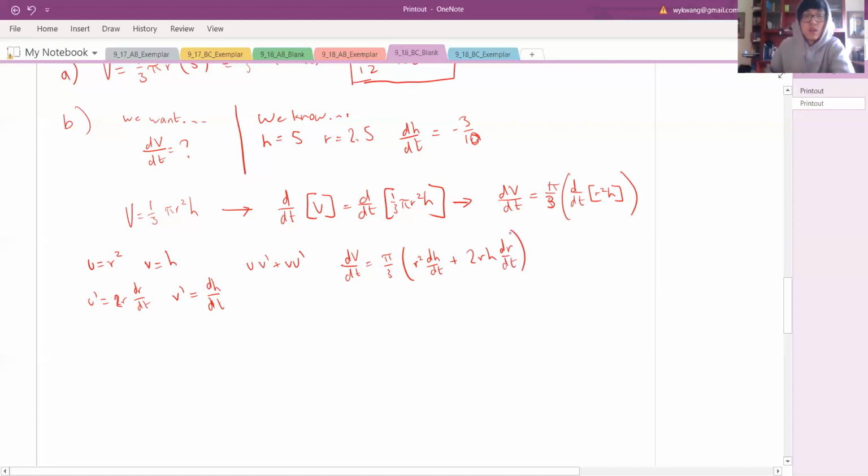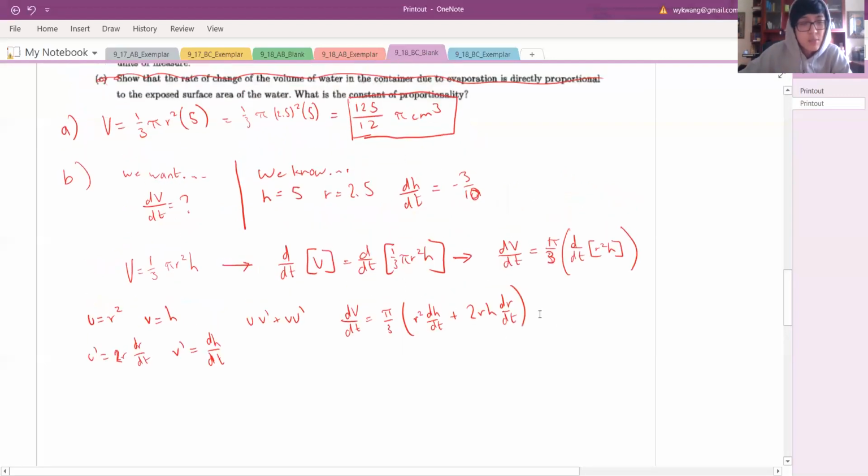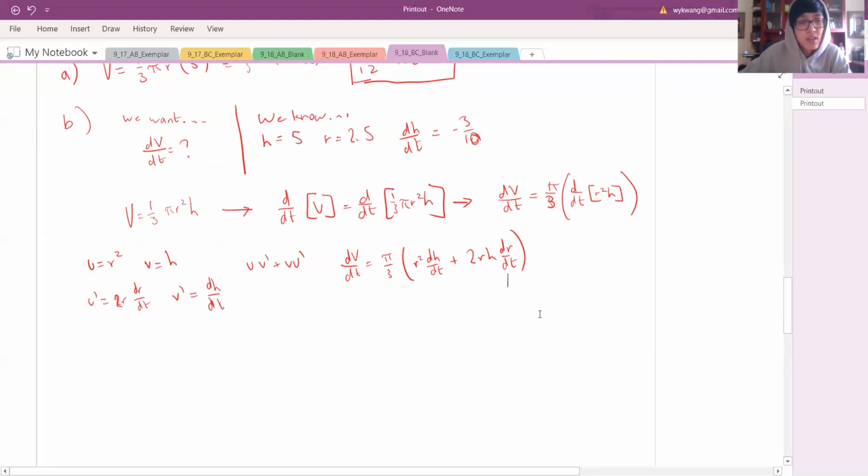Cool. Now here's where that whole switch happens where you're like, dang, this problem is impossible. Let's start plugging stuff in. We got our equation now. This is what we always wanted.